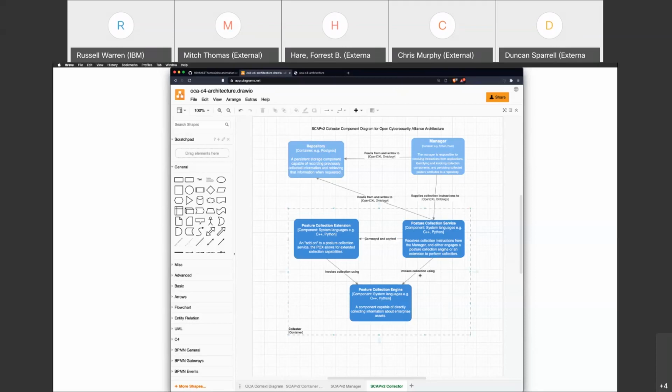These could be just normal function or object references. I suppose if you wanted to decompose it with messaging, you could, but I'm not prescribing that in how I'm representing this OCA architecture. So OpenDXL is not referred to here. However, up here it is.